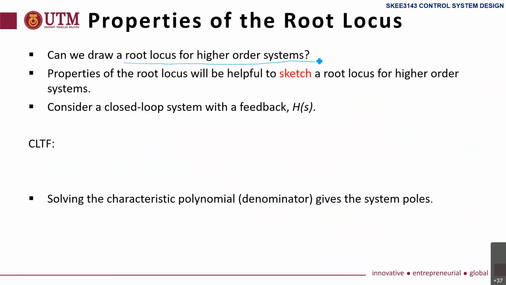In order to draw the root locus, we need its properties. We will discuss today the properties of root locus, which will help us sketch. We will not be able to draw the exact root locus. We can only sketch.